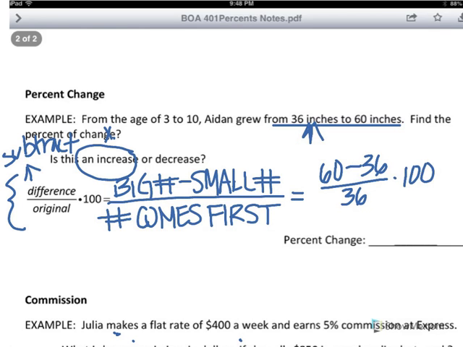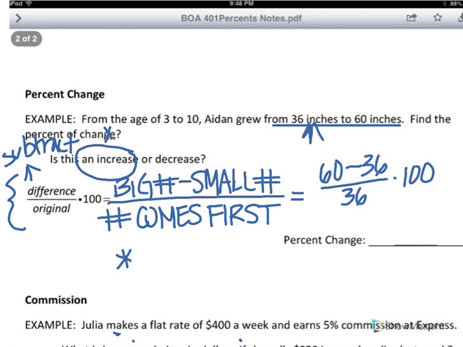If we go through and use our calculators, 60 minus 36, my calculator's not working correctly right now. 60 minus 36 gives us 24.